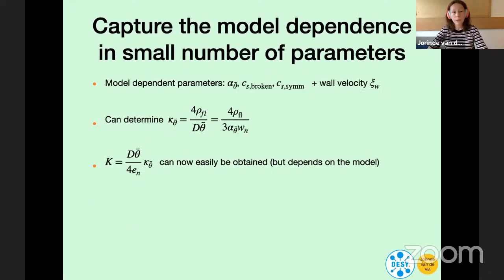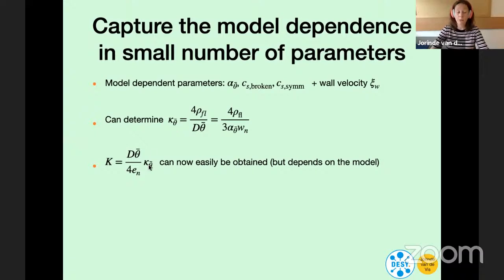Okay, so what we've done is we've captured the model dependence of the hydrodynamic equations and the matching in just a small number of parameters: the phase transition strength, the speed of sound in the broken and the symmetric phase, and the bubble wall velocity. And then we can determine this efficiency factor, which is slightly different than the one in the bag equation of state, but it depends on the kinetic energy in the fluid, α, and the enthalpy. We can now determine this in a model independent way, and then it's very easy to compute the kinetic energy fraction K from that.